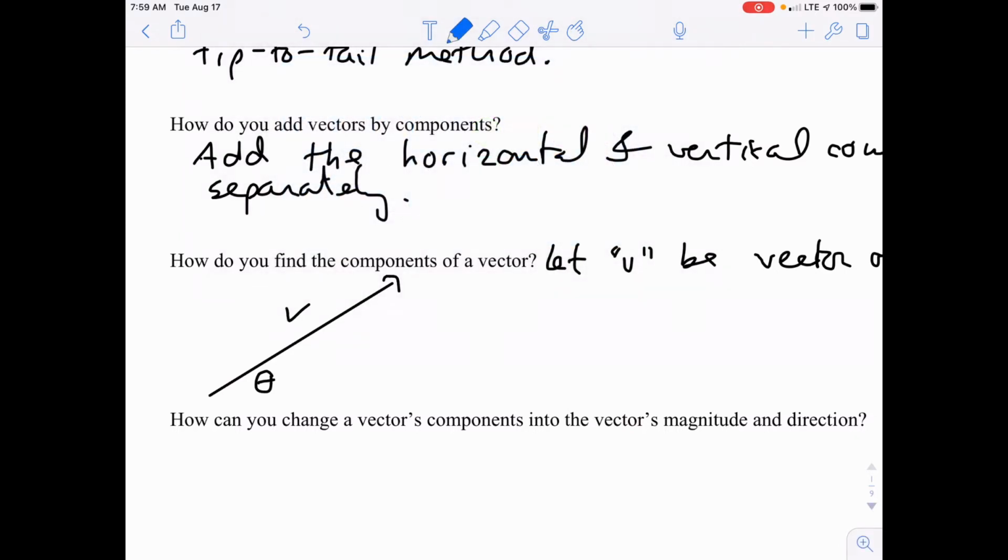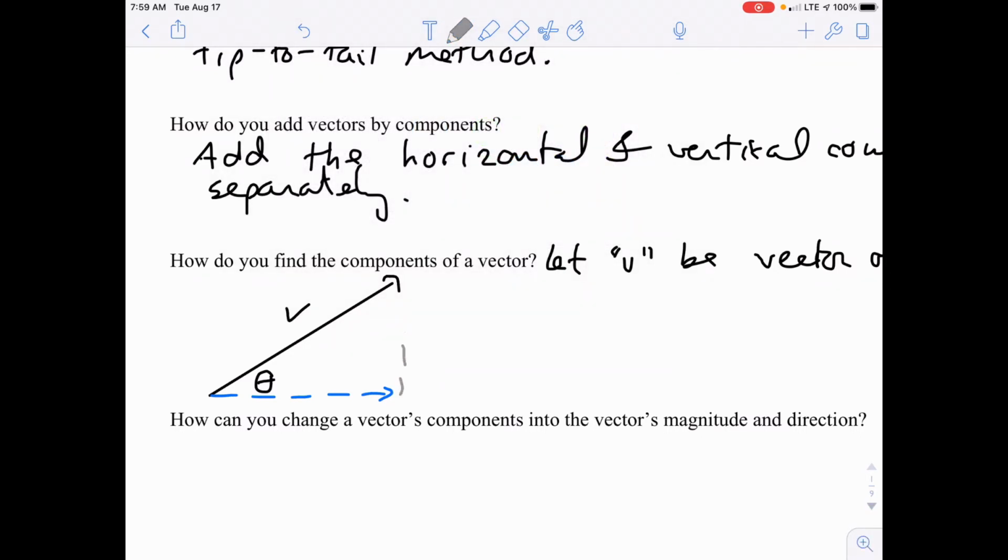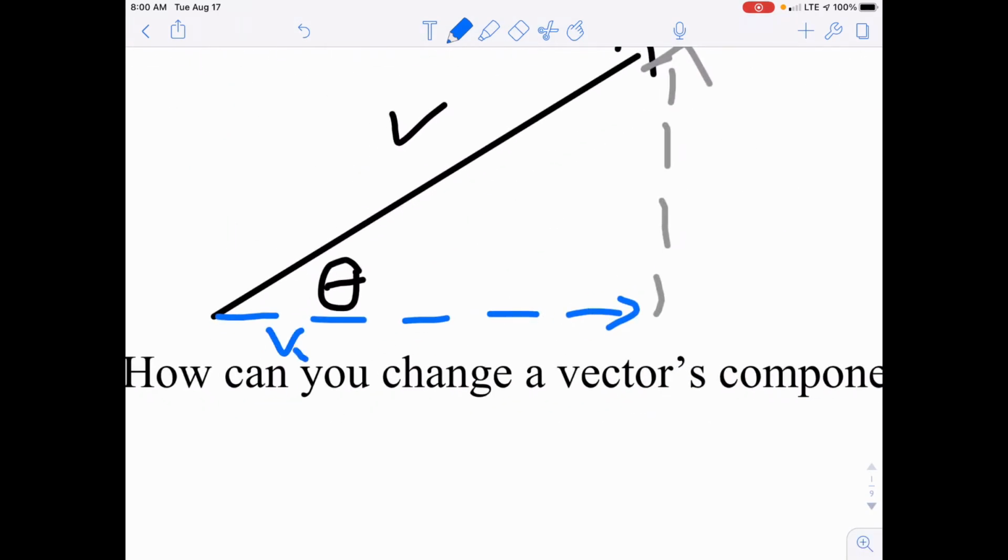Okay, well in blue, I'm going to put a dashed line to indicate this component here. And I'm going to put a gray dashed line to indicate this component here. Now, rather than refer to them as V sub x, I'm going to call it the adjacent component.